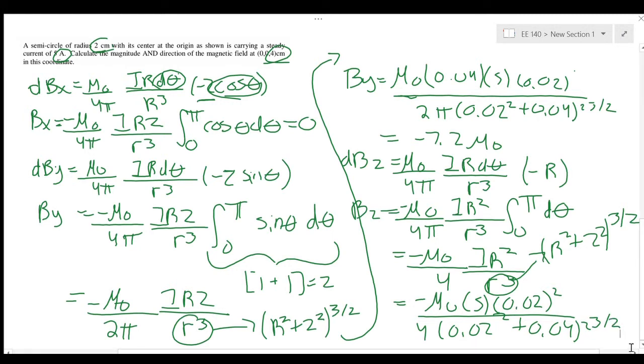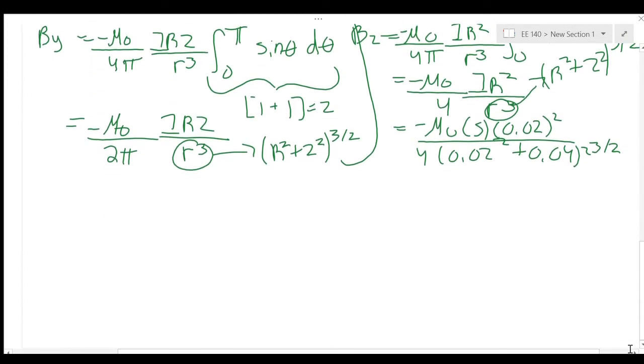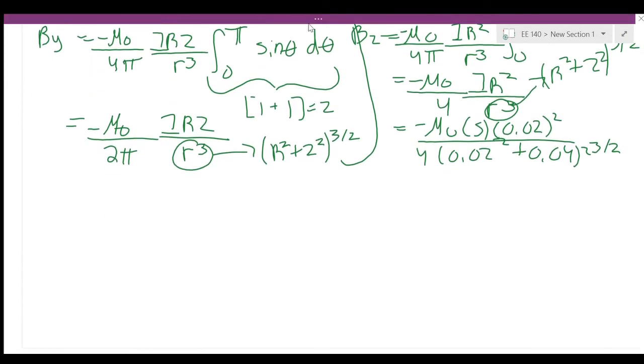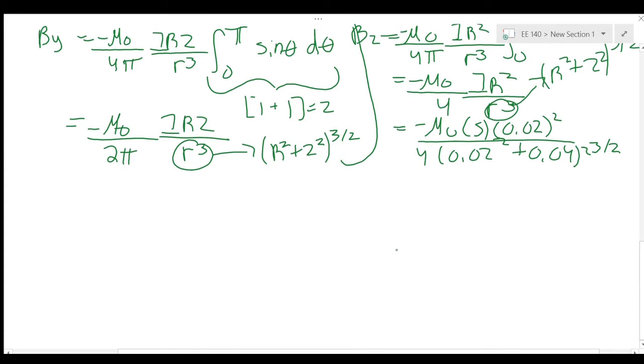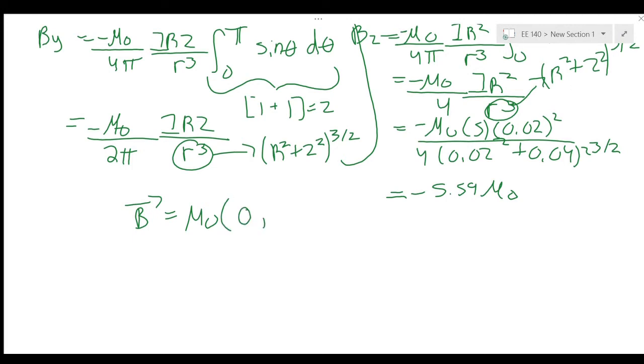And then we get the value to be equal to negative 5.59 mu naught. So the B field is equal to mu naught times x is 0, y is negative 7.12, and then z is negative 5.59.